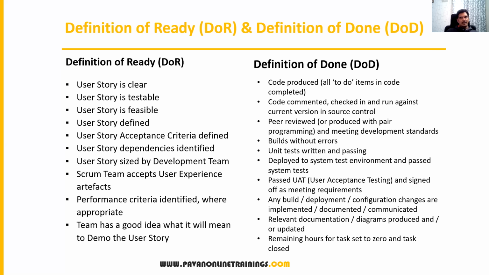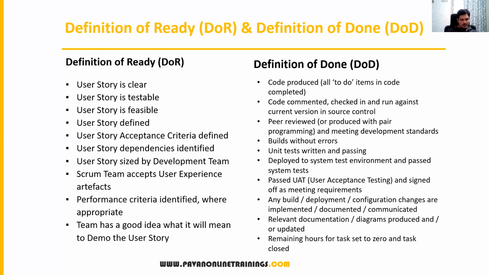Similarly, when we say definition of done, it means the story is completed. For that particular story, the developer will design and develop it, unit testing and integration testing will be completed, test cases will be created, and testing will be done: sanity, regression, smoke, everything, and bugs will be fixed.